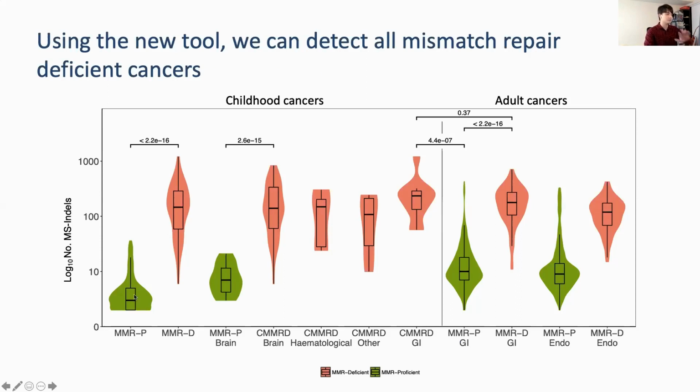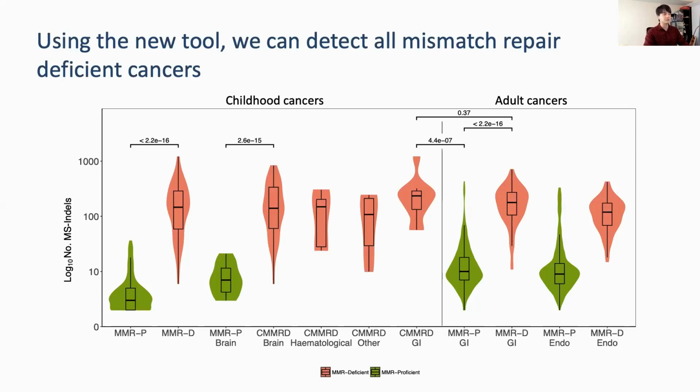So in green, these box plots are showing the number of microsatellite indels that exist in the genome. And in green, we have wild types, so they have mismatch repair activity, fixing these microsatellite indels and therefore are low. However, in red, we have cancers from children with mismatch repair deficiency that have increased number of microsatellite indels, comparable or similar level to the adulthood cancers which have microsatellite instability with the Promega panel.